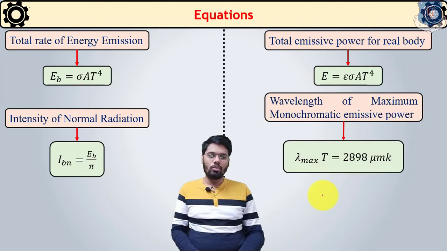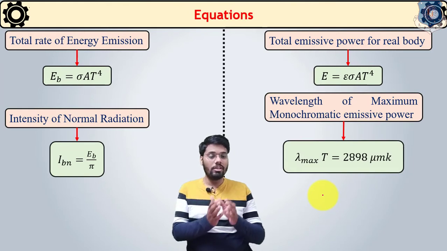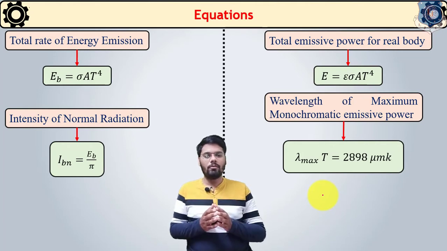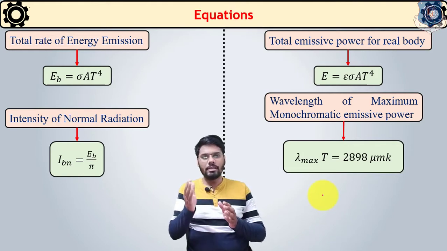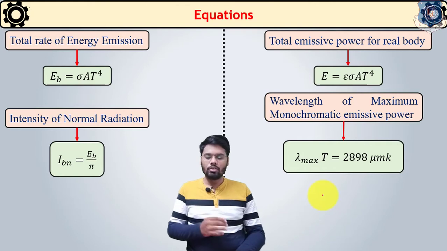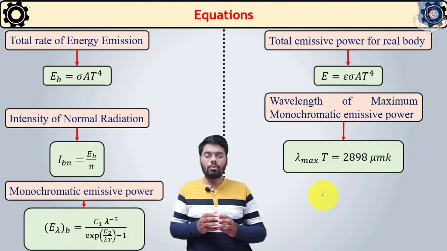The next equation is for the wavelength of the maximum monochromatic emissive power, which is also known as Wien's displacement law: lambda_max times T is equal to 2898 μm·K. The equation is derived by differentiating Planck's equation. So what is Planck's equation for the monochromatic emissive power?